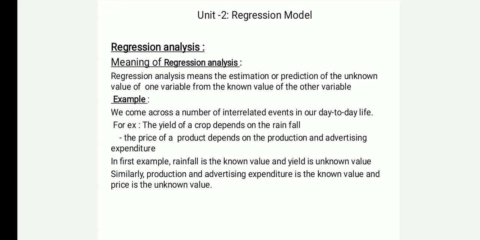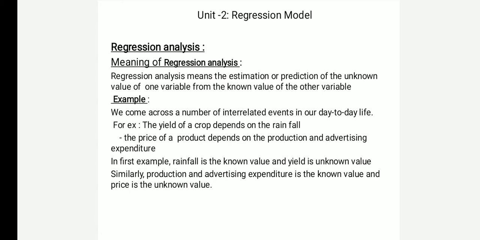So thus, in such cases, regression analysis is a mathematical measure. It gives the mathematical measure of the average relationship between two or more variables in terms of the original units of the data.